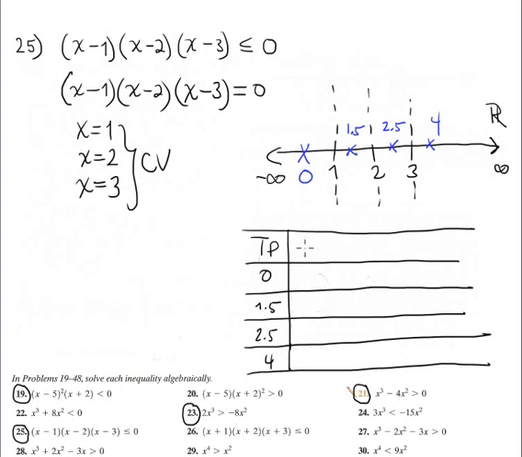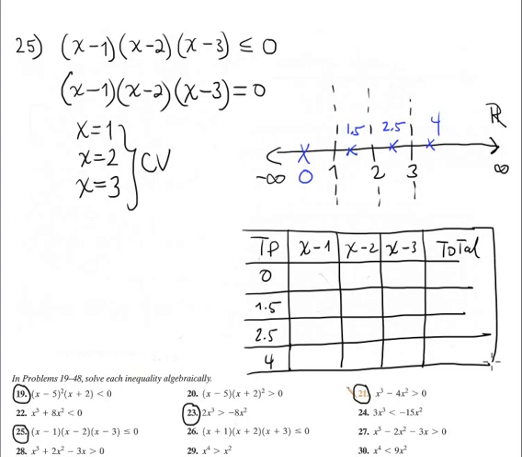And the factors are x minus 1, x minus 2, x minus 3, and a total sign. Okay.